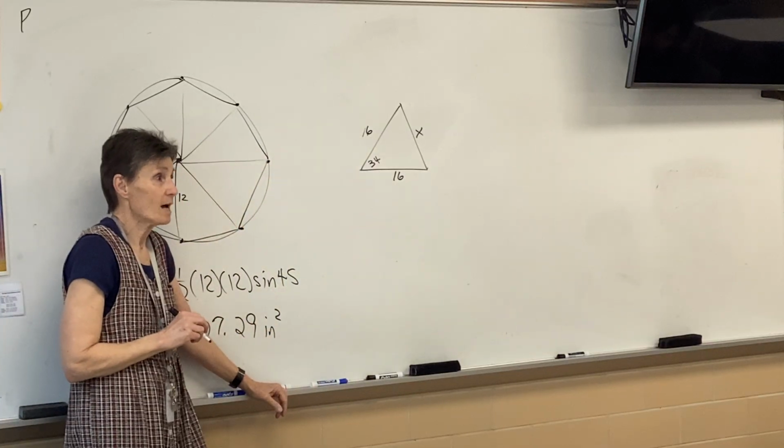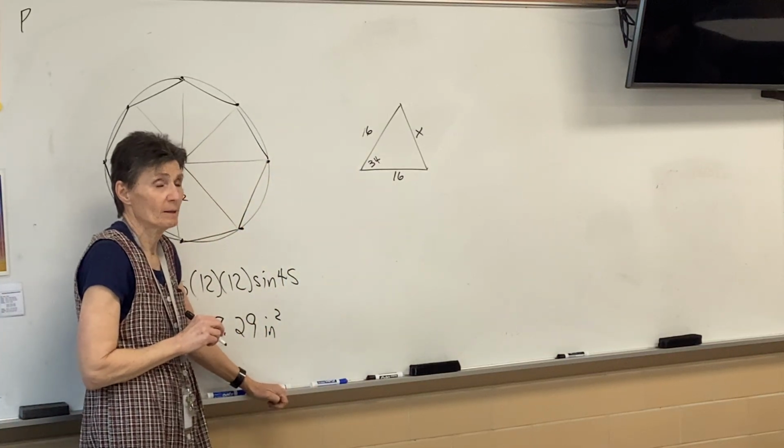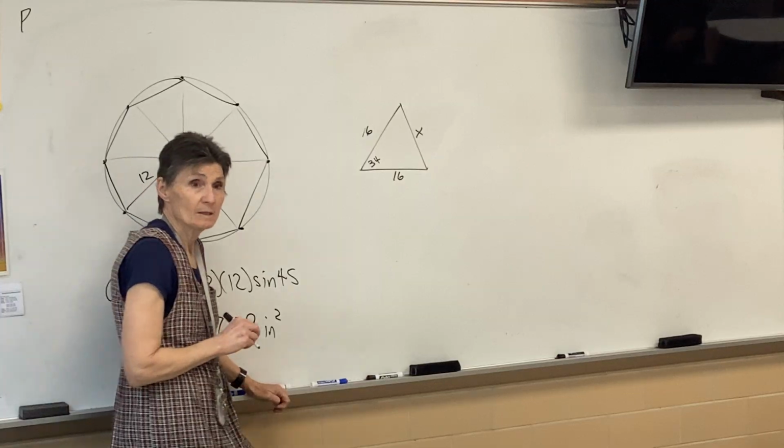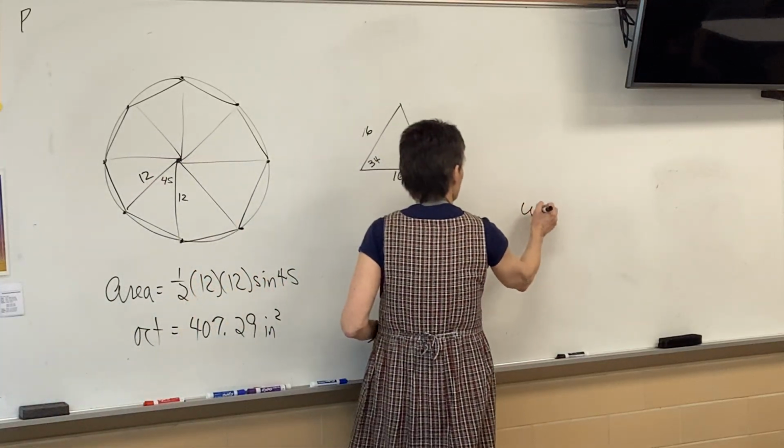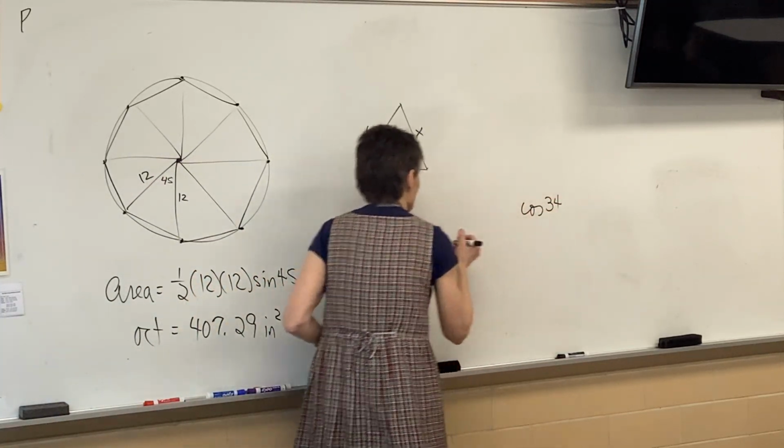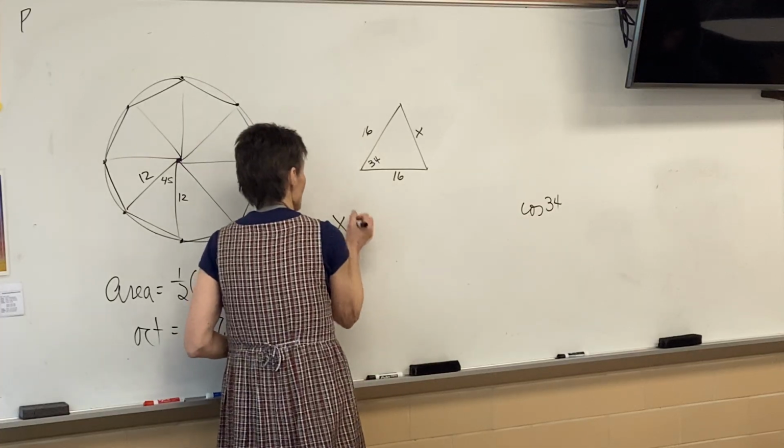Is this going to be a sines or a cosines problem? Cosines? So I'm going to put cosine 34 out here, and I'm going to have x squared over here.